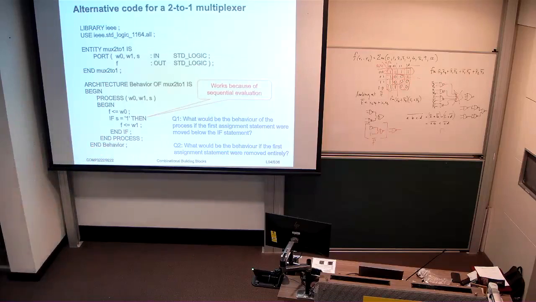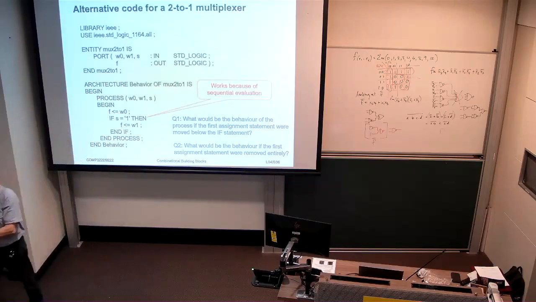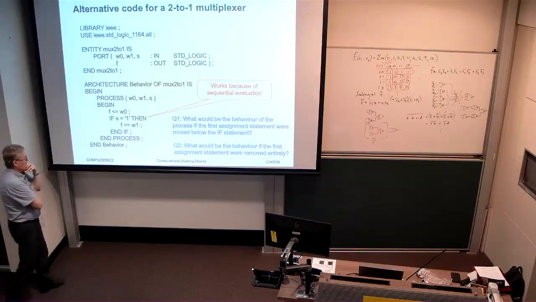That's clear. What about this second point? What if the first assignment were removed altogether? What then? F would be undefined if S was 0, and then only if S was 1, then it would stay W1 and it would never change after that.